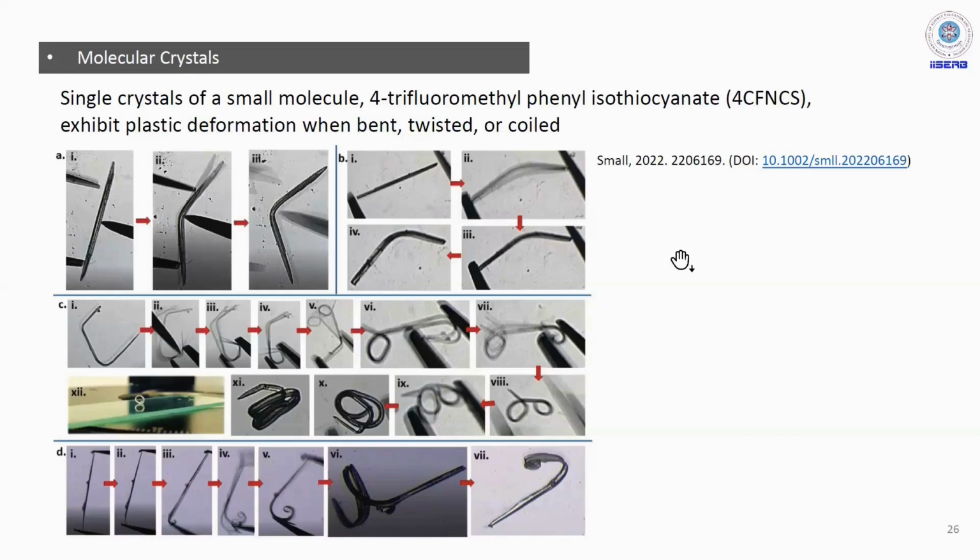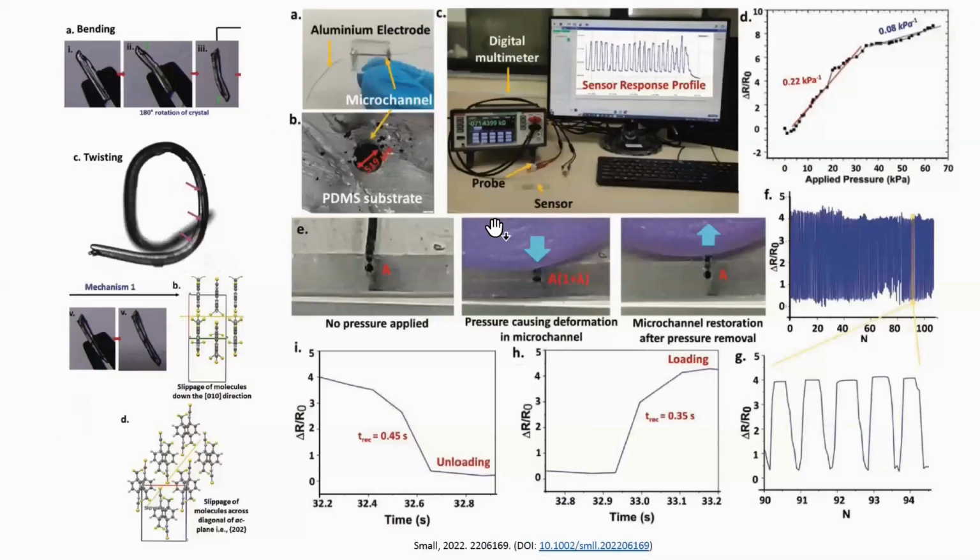And this particular single crystal molecule has an inherent bending property. So we tried to harness this bending property for a pressure sensing application, and we could get a very good result in terms of pressure sensing, although it's not the best result that we could get. But we are still doing further research in order to improve the result of the pressure sensor.